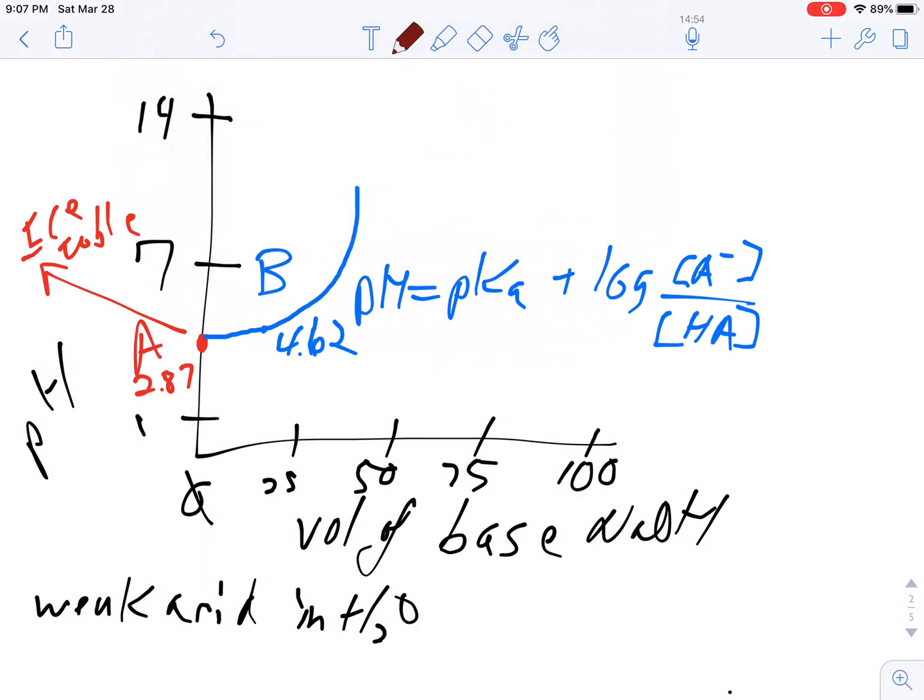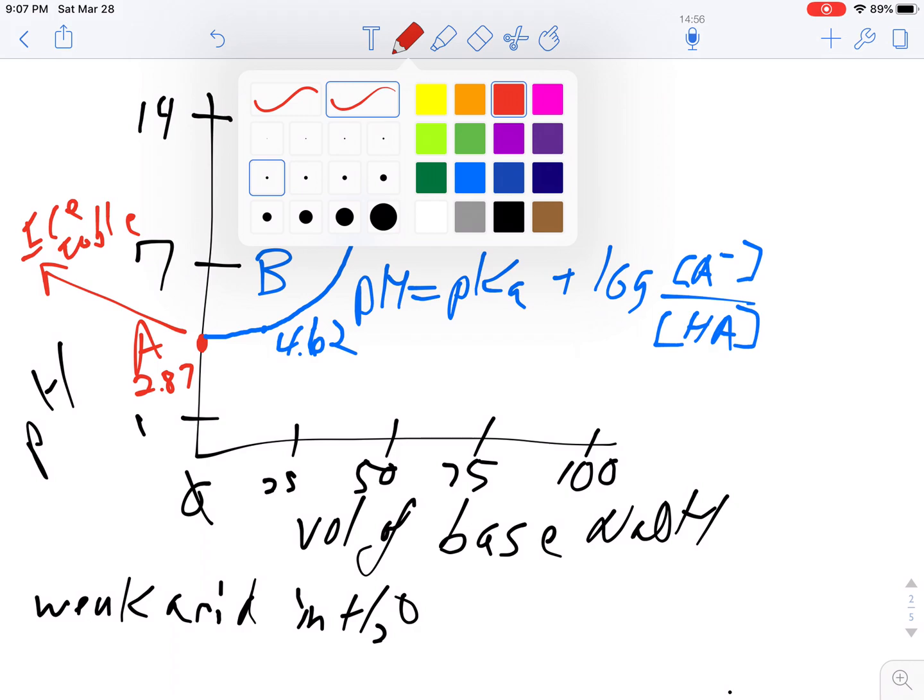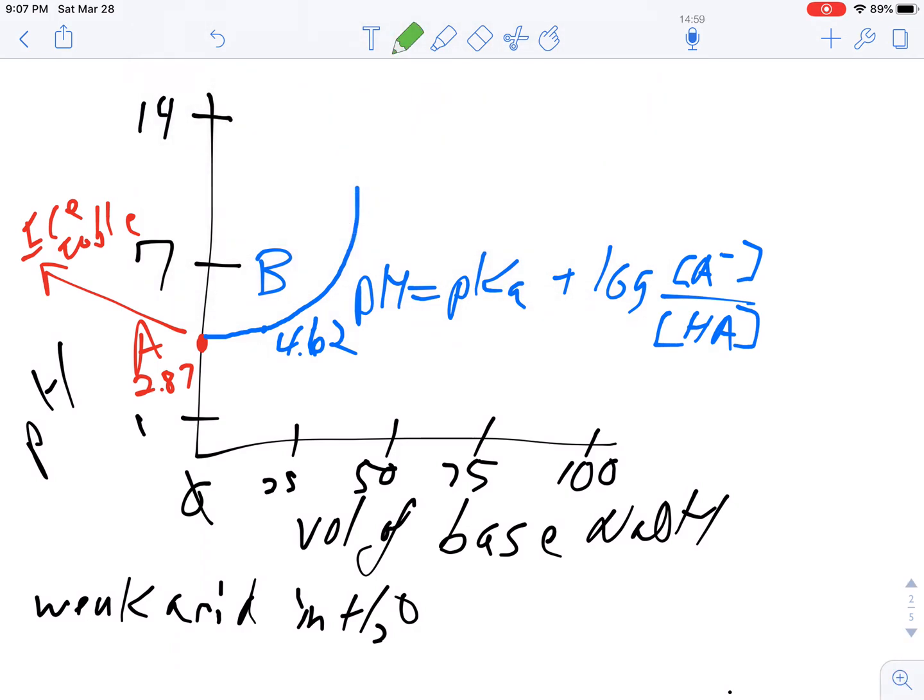Okay? Now when we get to this point right here, that's a really special point. That's point C. And point C is the equivalence point. And that's a very special point.